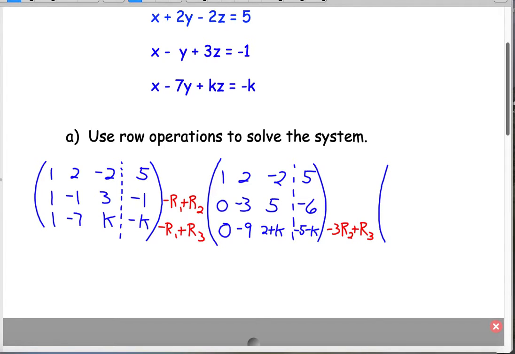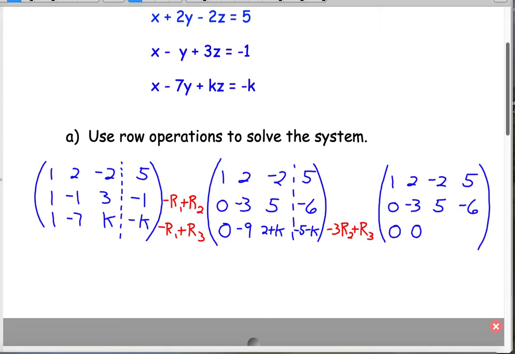So the first row stays the same, 1, 2, -2, 5. The second row stays the same, 0, -3, 5, -6. But now my last row, I'm going to do -3 times 0 plus 0. And then I'm going to get -3 times -3 is 9 minus 9 is 0.